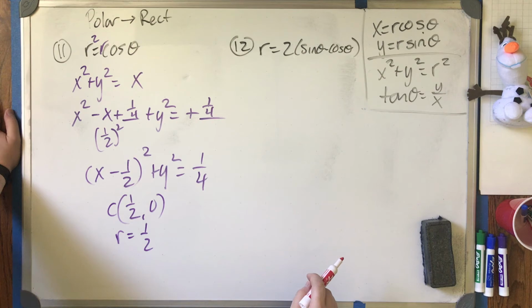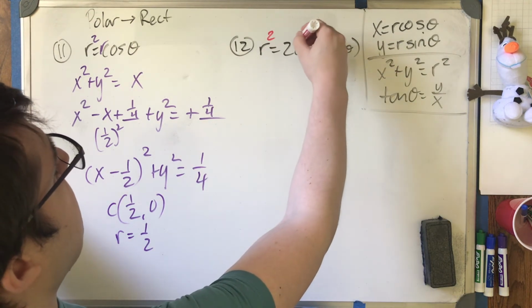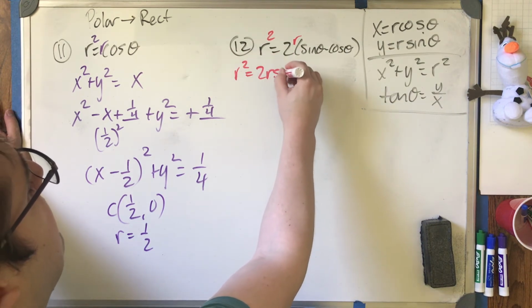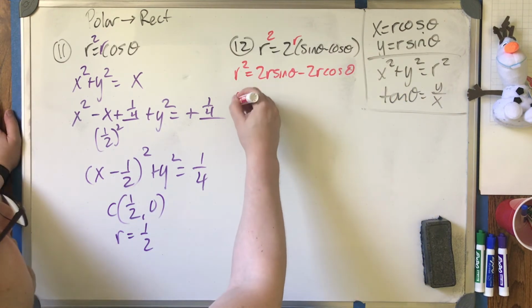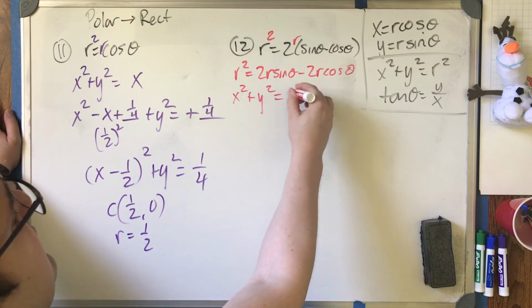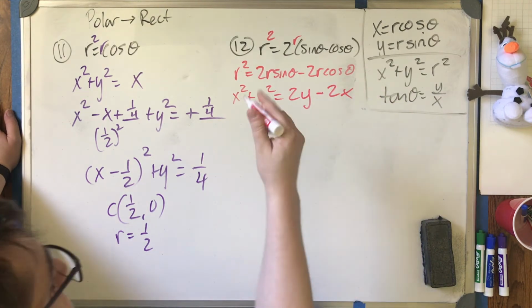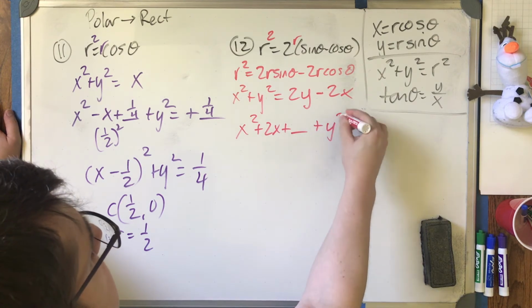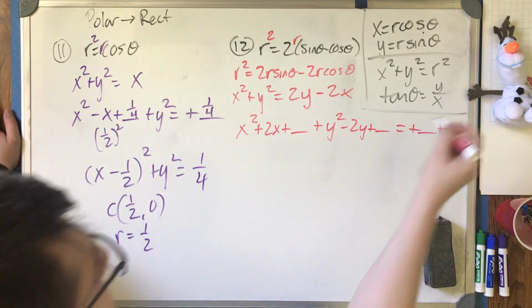If you didn't get it, the first step is probably going to be multiply everything by r. That's what we're doing. So when I do this, I'm going to have r squared equals 2r sine theta minus 2r cosine theta. So that's going to become x squared plus y squared equals 2y minus 2x. And then I'll just complete the square. So I'm going to have plus 2x plus a blank plus y minus 2y plus a blank equals plus blank plus blank.